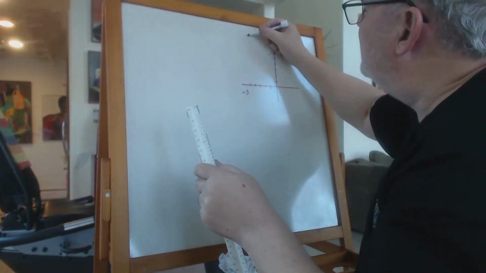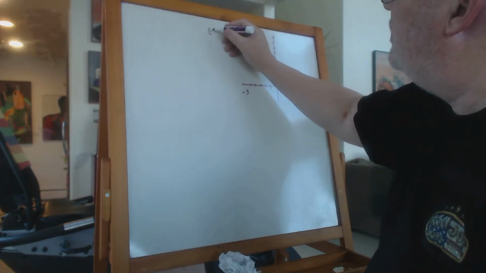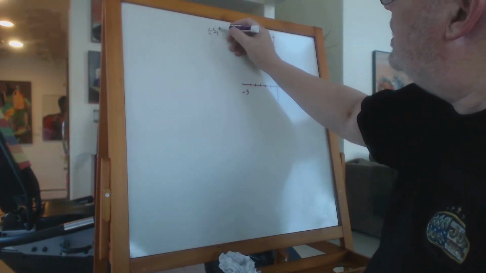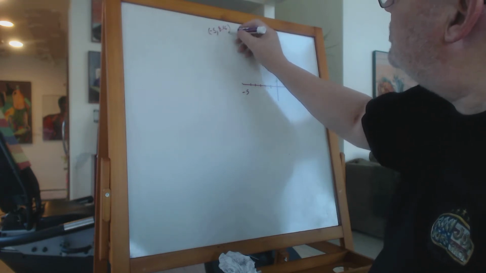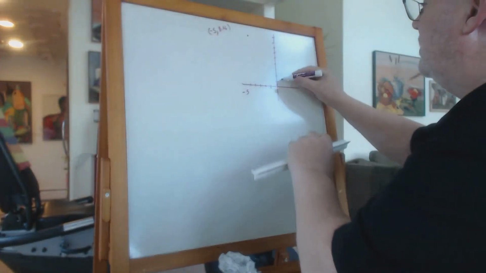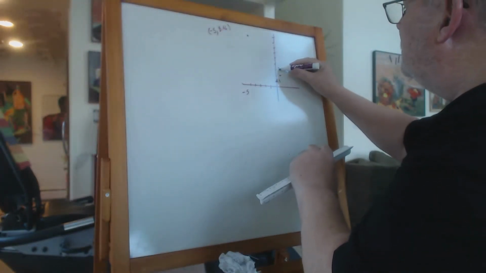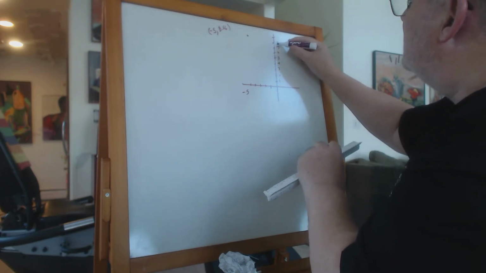That's our point, and that is -5 and 8.66. 1, 2, 3, 4, 5, 6, 7, 8, 9.